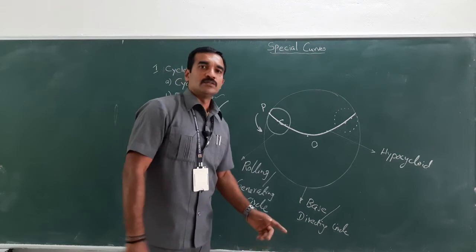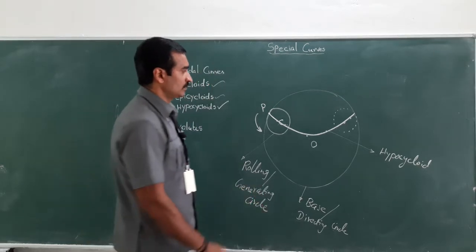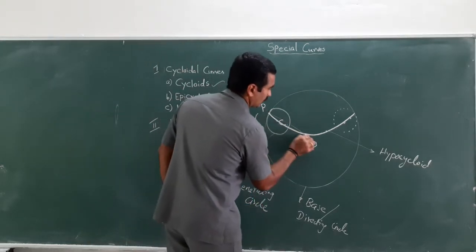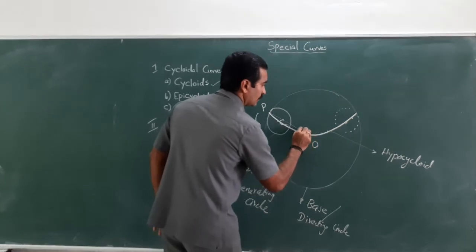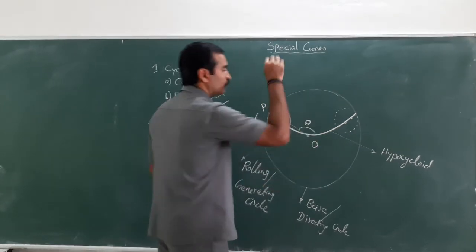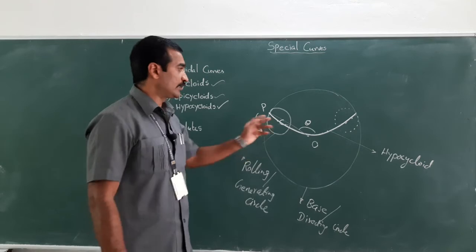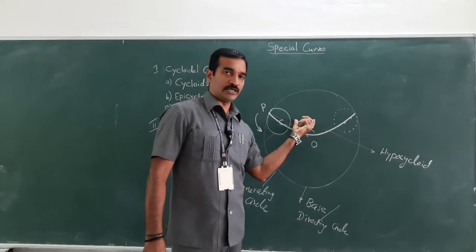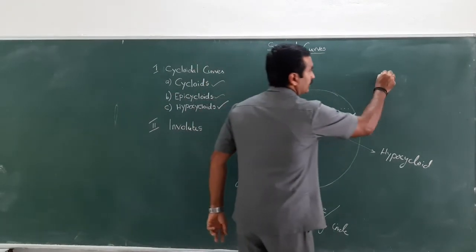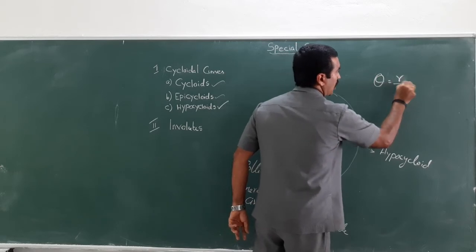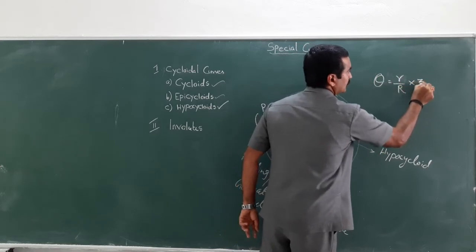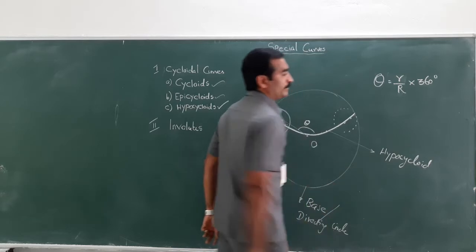Understood? So, the sector which would be traveled to complete one full revolution of the rolling circle is nothing but theta, right? The formula of theta is nothing but r by R into 360 degrees.